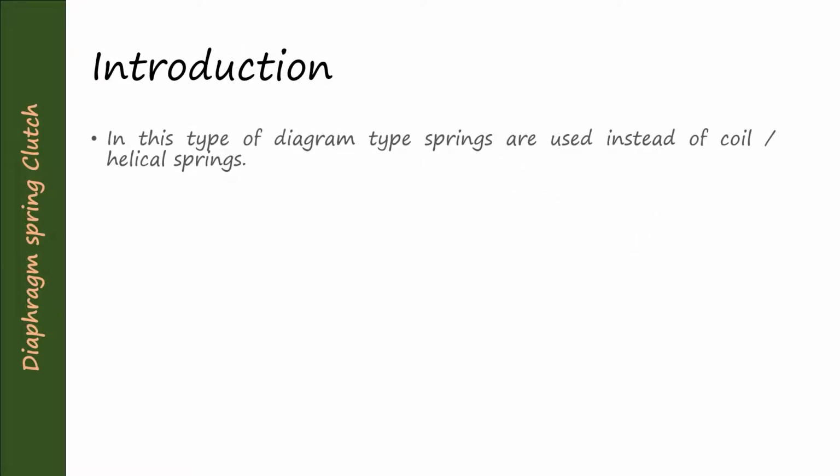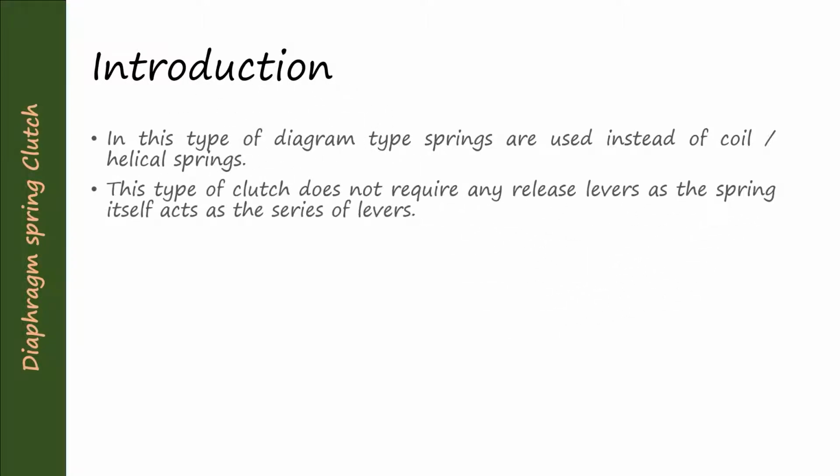First point: in this type, diaphragm type springs are used instead of coil or helical springs. Second point: this type of clutch does not require any release levers, as the spring itself acts as the series of levers. No need of release levers.